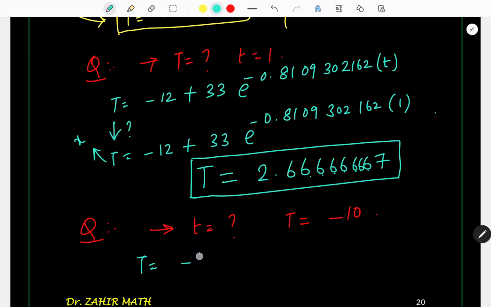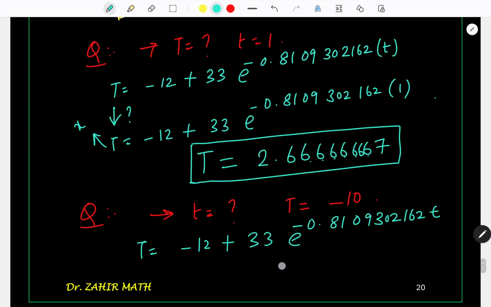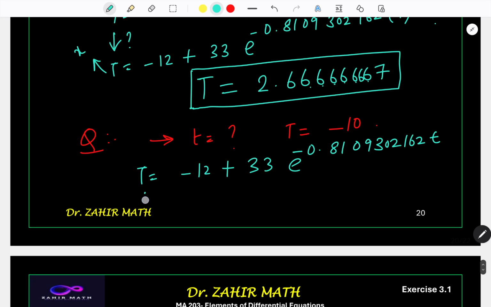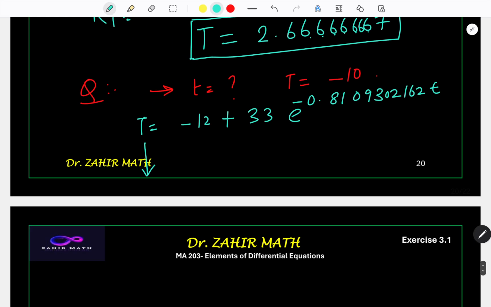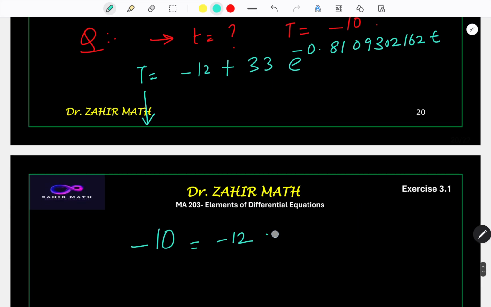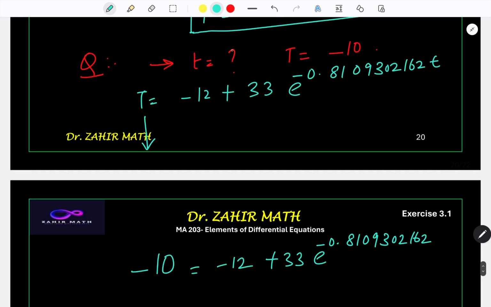T equals minus 12 plus 33 e power minus 0.8109302162t. So here capital T is equal to minus 10, equals minus 12 plus 33 e power minus 0.8109302162t, and t is the question mark, so we put x only in the calculator.